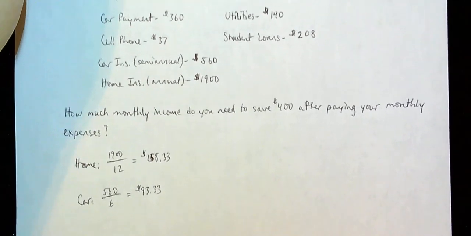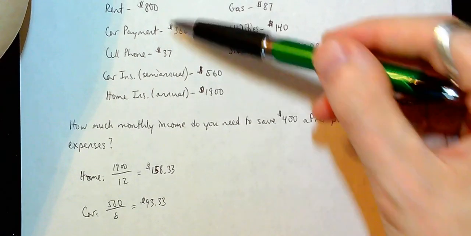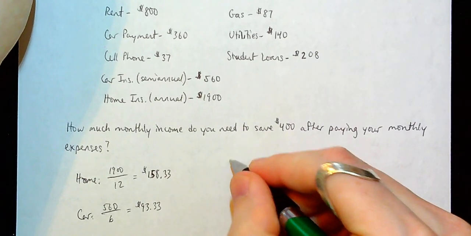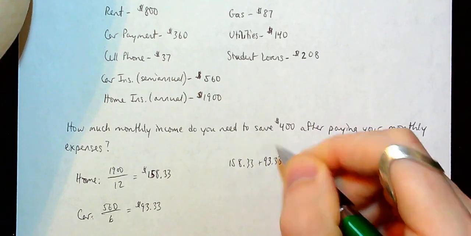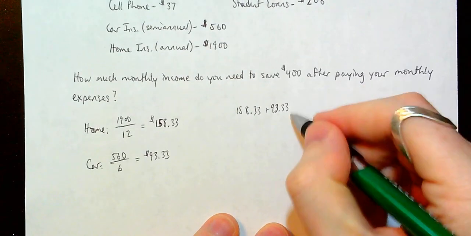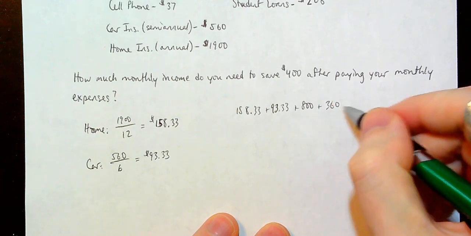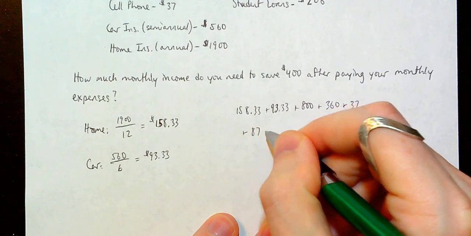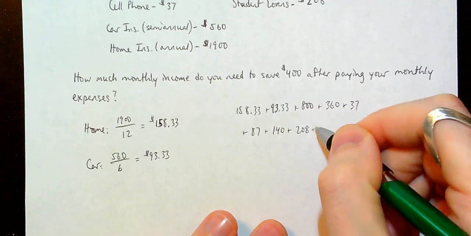So I have my prorated costs for my homeowner's insurance and my car insurance. I have my other 6 costs here. So I'm going to add these things up. 158.33 plus 93.33 plus my rent of 800, my car payment of 360, my cell phone payment of 37, my gas of 87, my utilities of 140, and my student loan debt of 208.